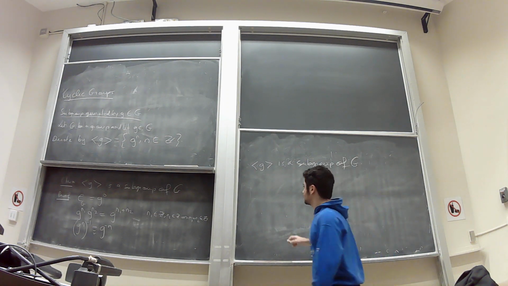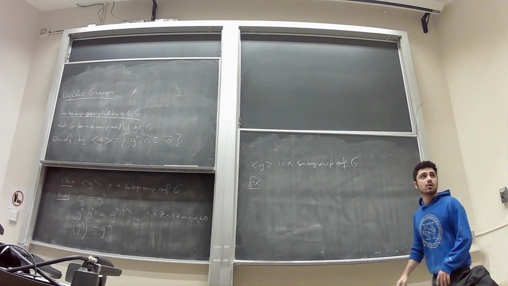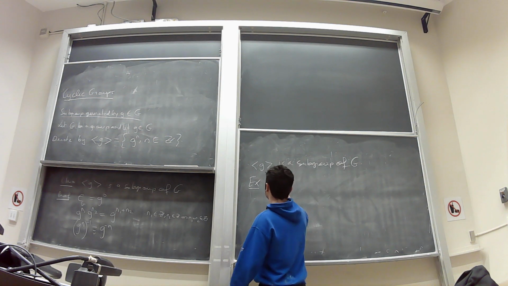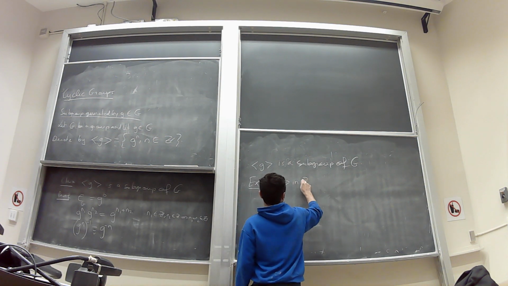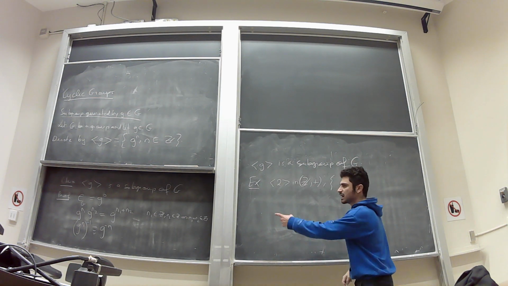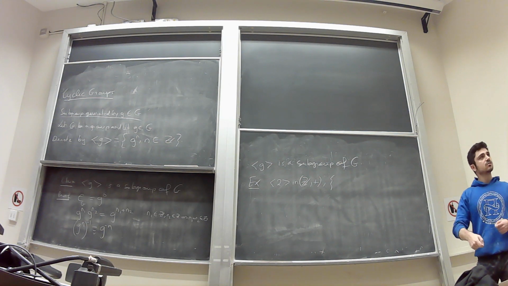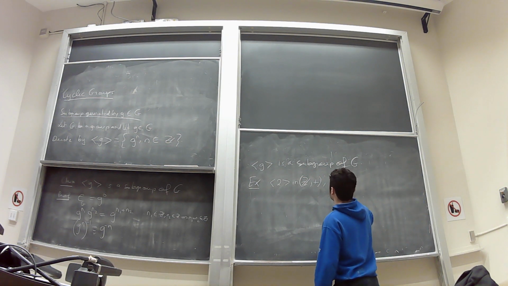Let's give an example. I'll give an abelian group where the operation is addition. For example, the subgroup generated by 2 in Z. When I talk about addition, the powers are just the multiples of 2, so it's 2k.